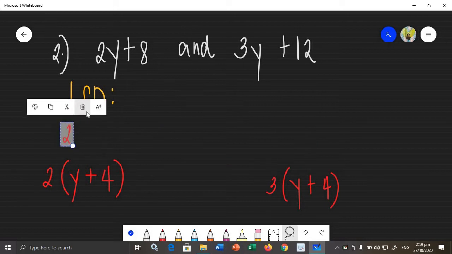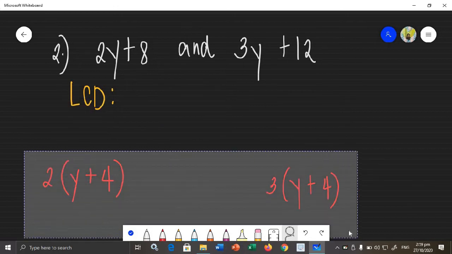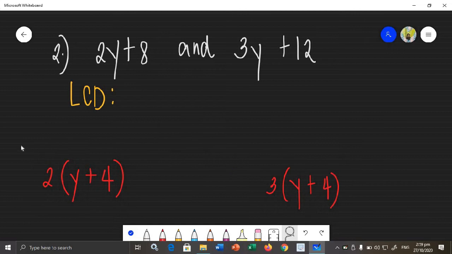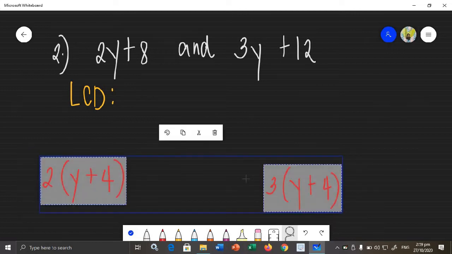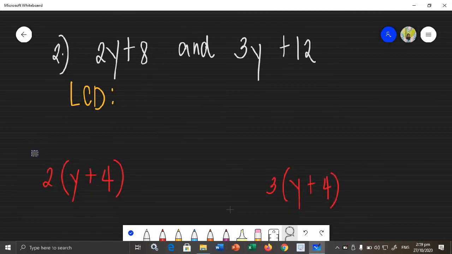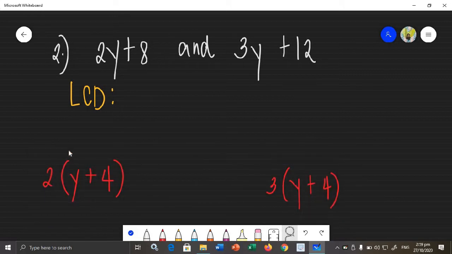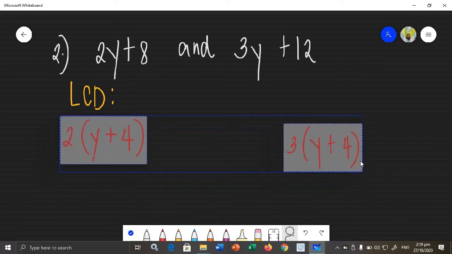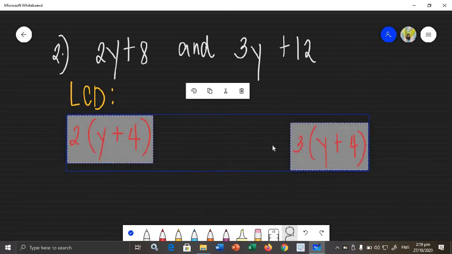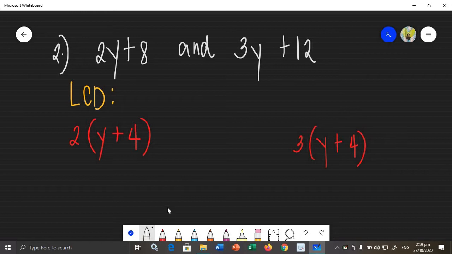Okay? So that is it now. And then, after getting the factorization of the given, let's observe this. I'm just going to move them. And then, right after we get the factorization, we will combine them by multiplying.